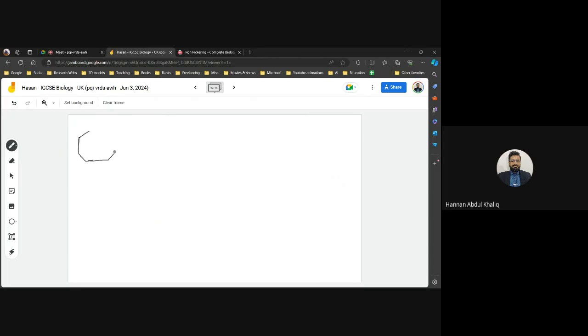Suppose this is a spongy mesophyll cell. And over here, you have some epidermal cells. And these are the guard cells. And this is the stomata.